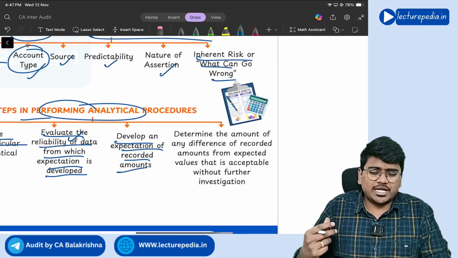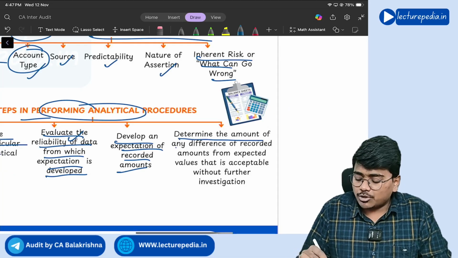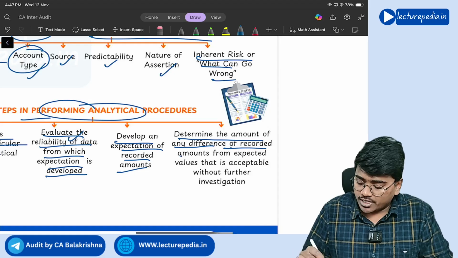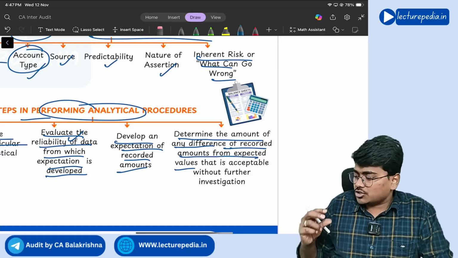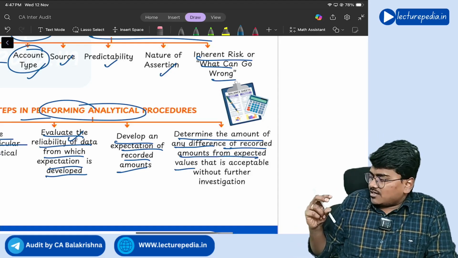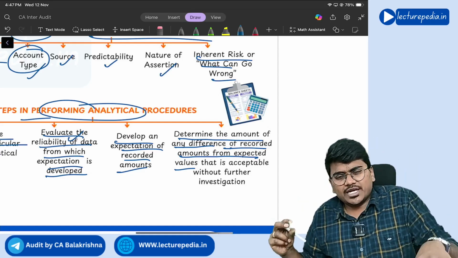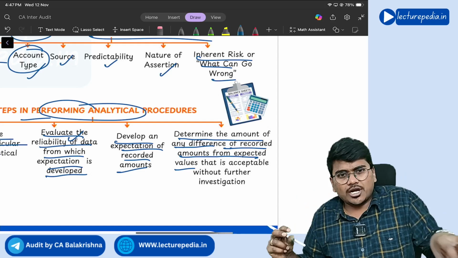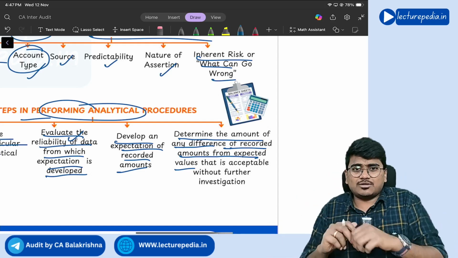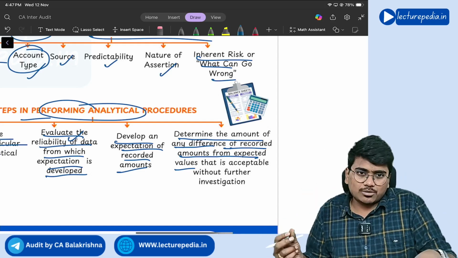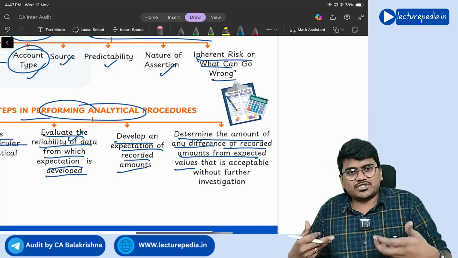After you have developed an expectation, determine the amount of any difference of recorded amounts from the expected values. So you expected that salary expenditure should be 1.2 crores, and in the P&L statement it is also 1.2 crore. Then there is no difference between the expected amount and the actual amount. If at all there is any difference, you will investigate it further.